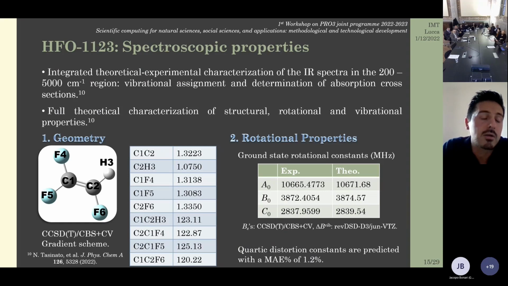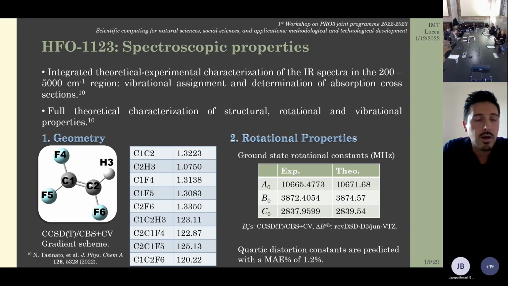In particular, some years ago, trifluoroethene has been proposed as a refrigerant of the new generation, and for this reason we decided to explore and understand its spectroscopic properties, in particular in the infrared region, and also its reactivity.